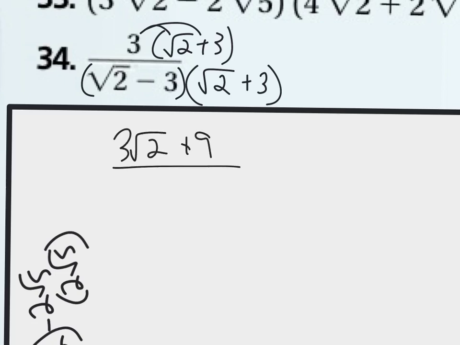So distribute, make sure you distribute to everything in the denominator. Square root of 4. If you want to shortcut and say that, I know it's going to be square root of 4, which is going to be 2, that's fine. Middle terms always are going to cancel out with conjugates. And then 3 times 3 is 9.